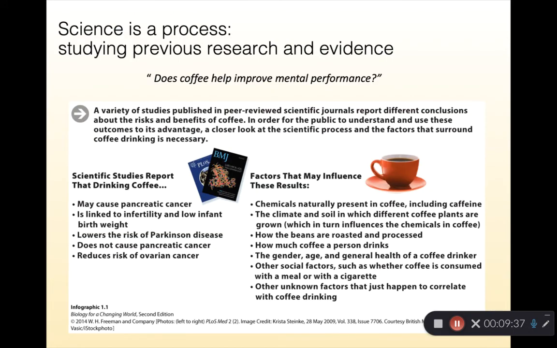However, even when you find good journals, you might still find conflicting evidence. This was brought up in your readings for this week, looking at coffee and whether it is a good or bad thing for human health. You see that there's lots of variation in these studies.